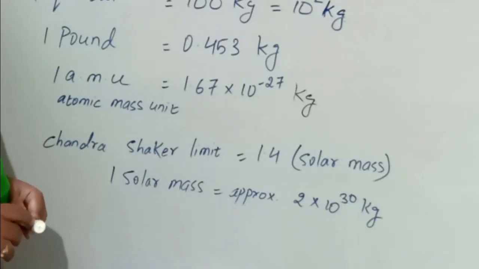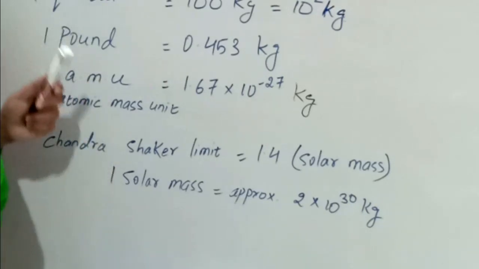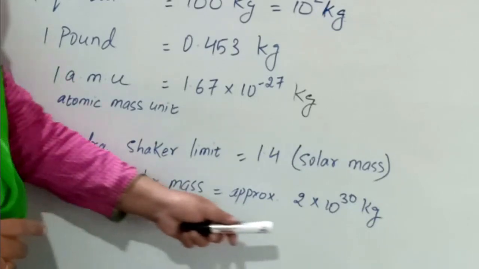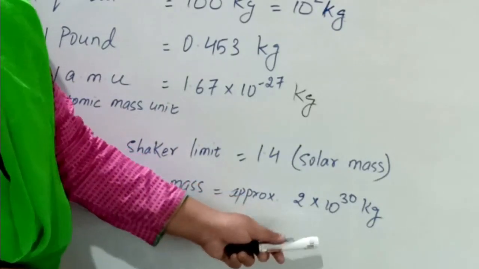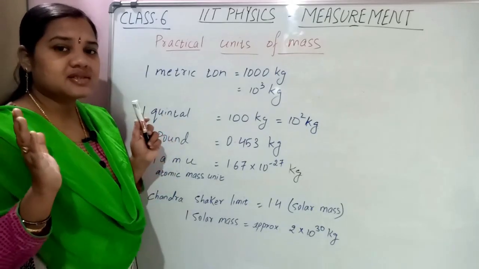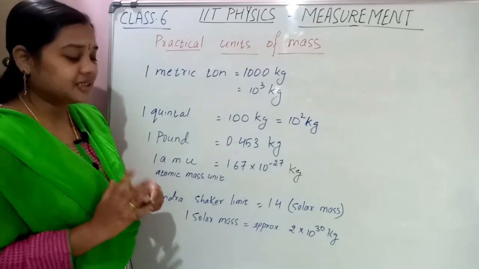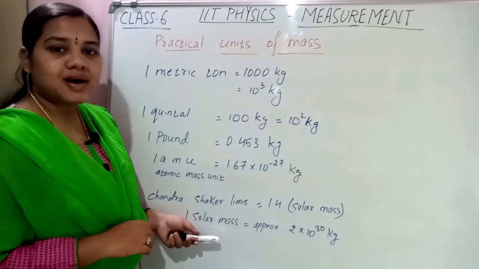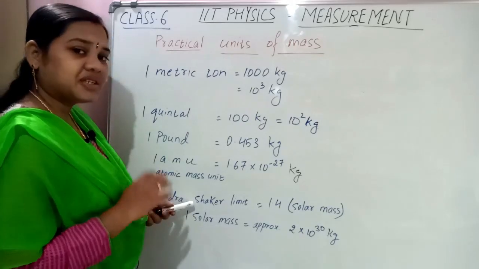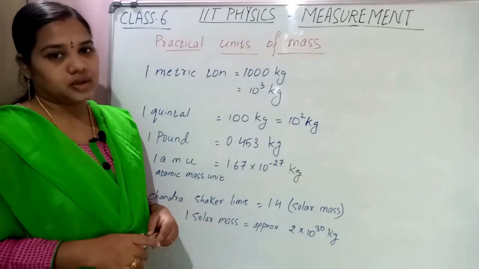Solar mass is considered the approximate mass of the sun, which has a value of around 2 into 10 to the power 30 kilogram. You can imagine it's such a big value. So Chandrasekhar limit is 1.4 times solar mass.